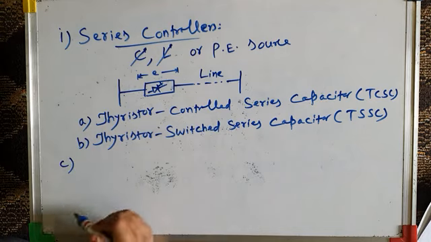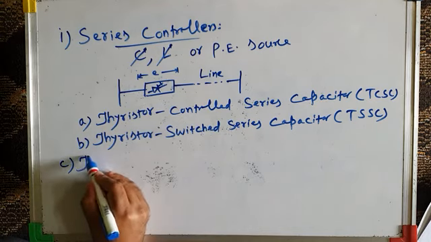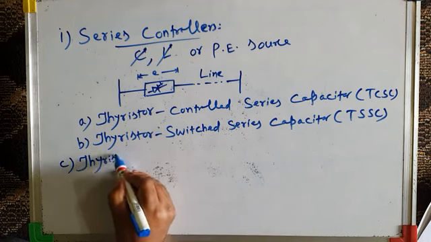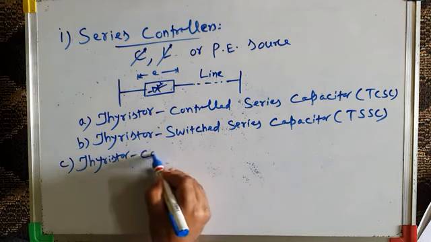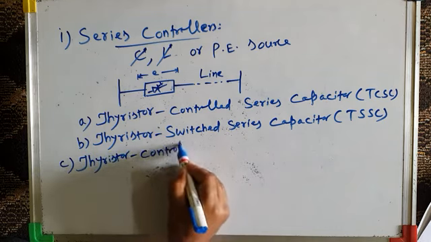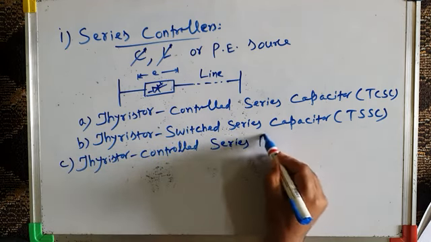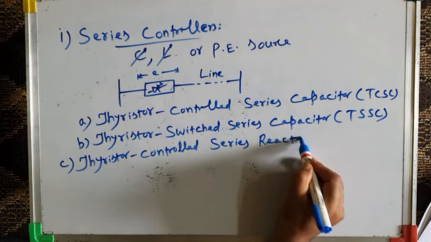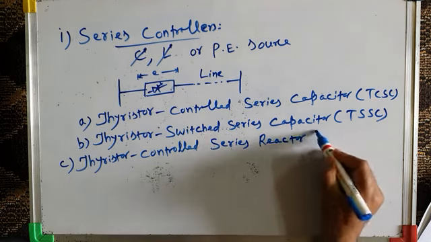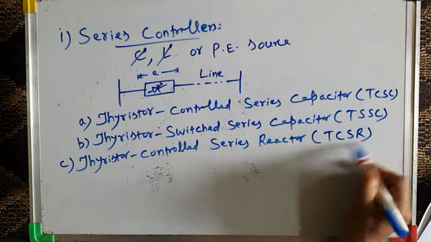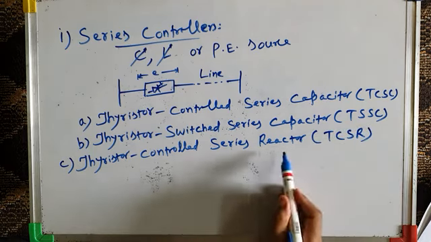Third type of series FACTS controller is thyristor controlled series reactor. When I say reactor, it means inductive reactor. So TCSR, thyristor controlled series reactor.